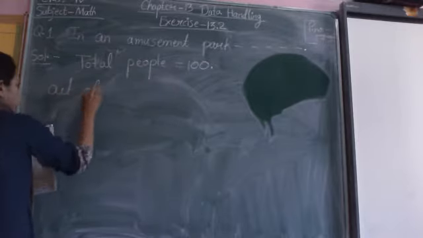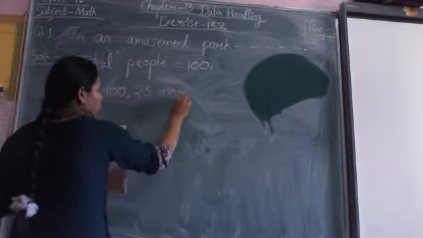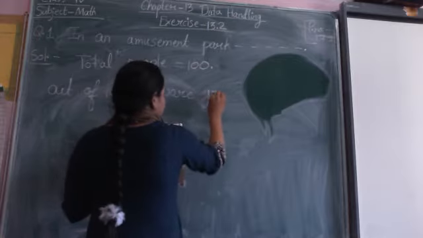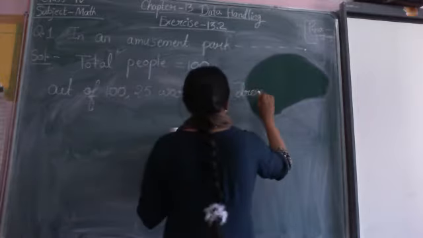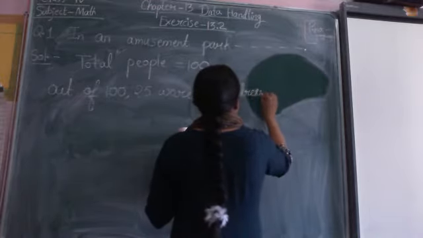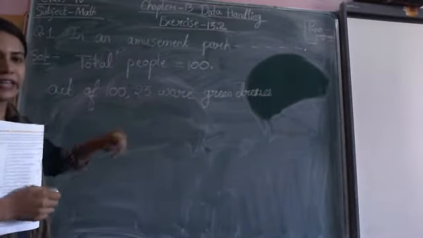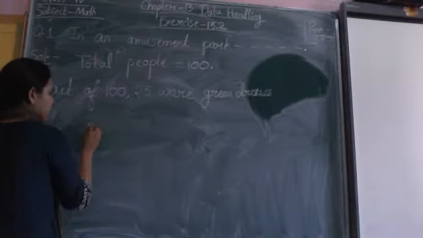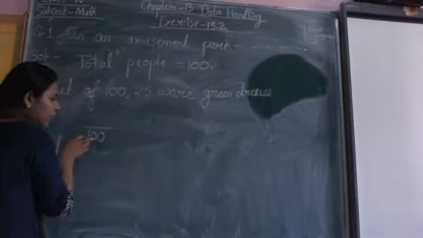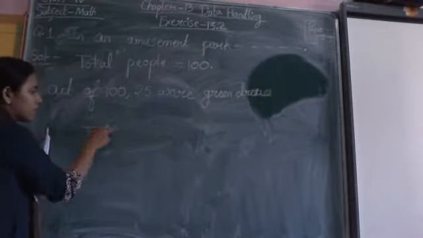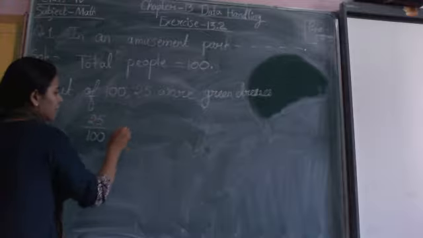Out of 100, 25 wore green dresses. 100 is the total; we always write the total below the line as the denominator, and 25 will be the numerator here.